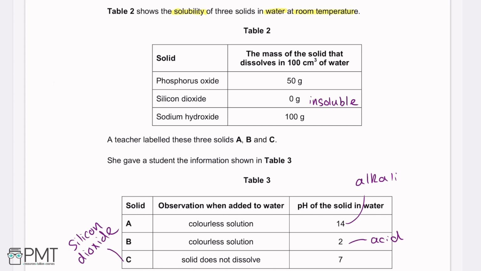Well, sodium hydroxide has the formula NaOH. And hopefully you can see that in NaOH we have OH minus ions, which means that sodium hydroxide is going to be A. Therefore, phosphorus oxide must be the acid.